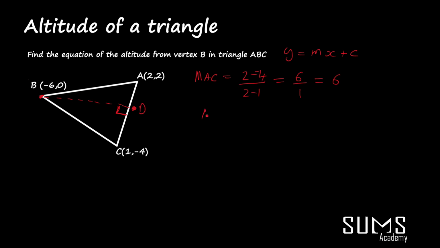And we know that M1 times M2 is equal to negative 1. So this means that our M_BD is just going to be 1 over the negative of this here, which is going to give us a gradient of minus 1 over 6.